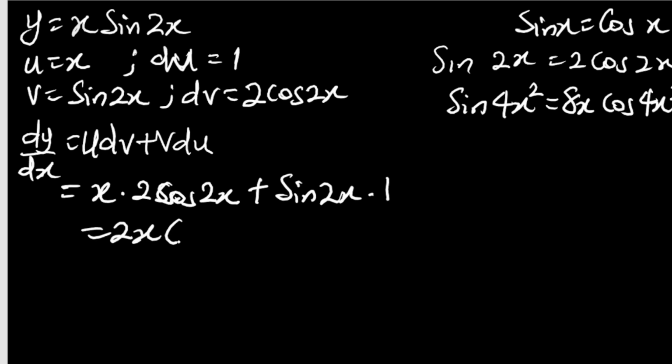Now multiplying this out will give us 2x cos 2x plus sine 2x. So that's the final answer to this particular problem. I hope you understand that.